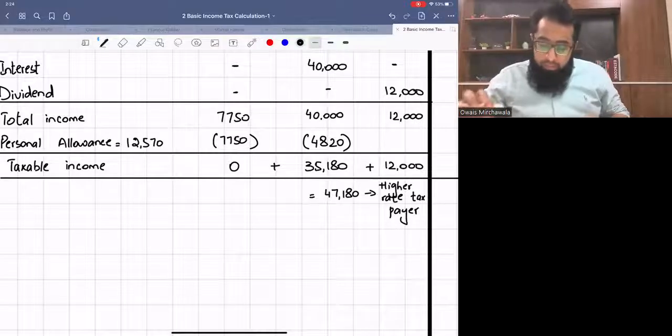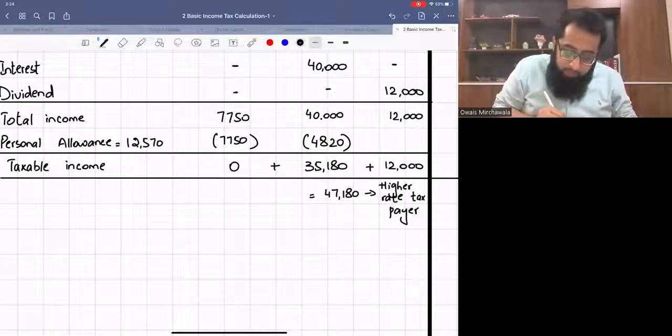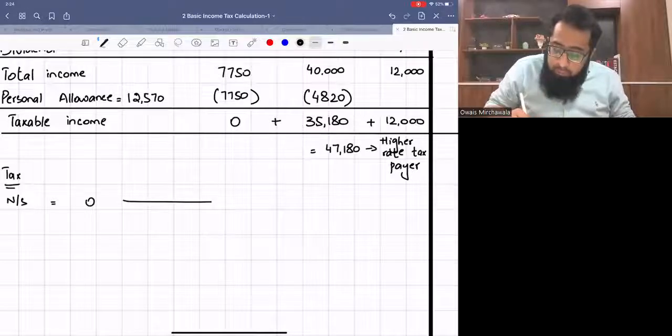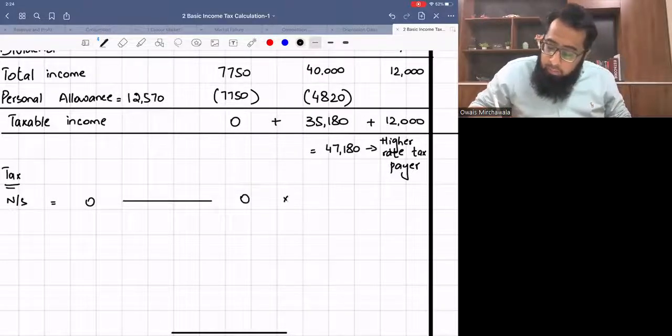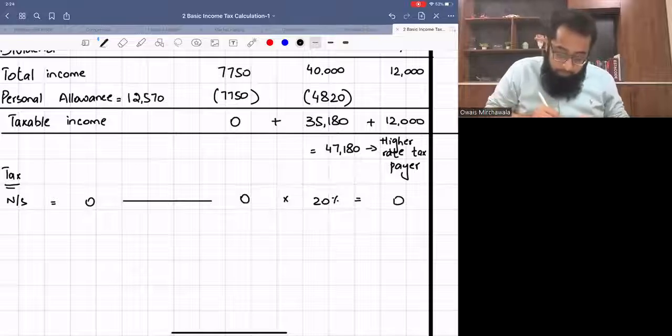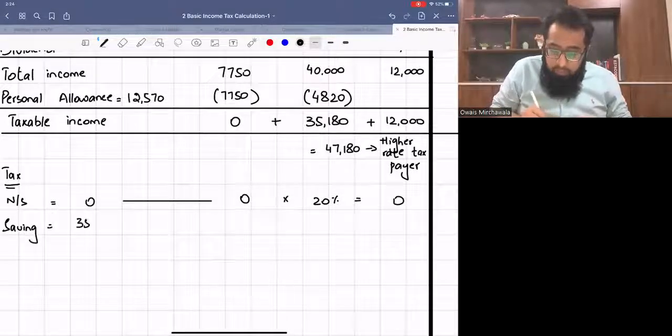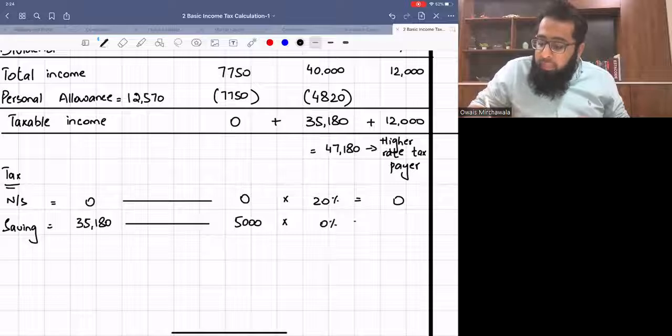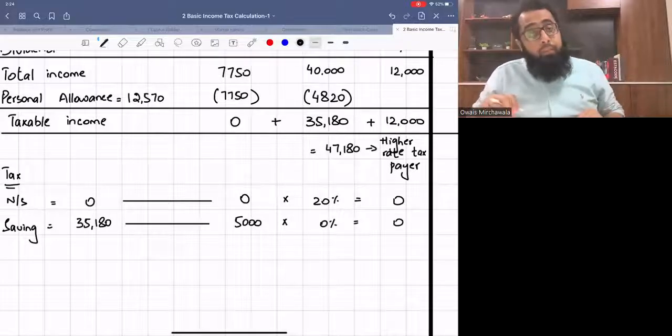Okay. Now, let's start applying tax on it. Non-saving income is 0, so 20% on 0 gives us 0. Saving income is 35,180. Since non-saving is 0, saving income will get space in the first 5,000.